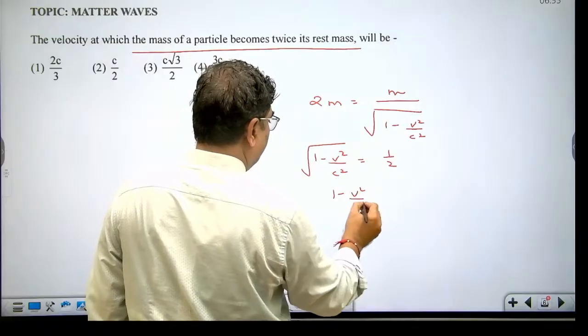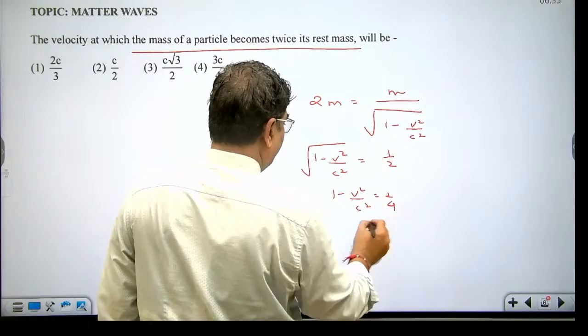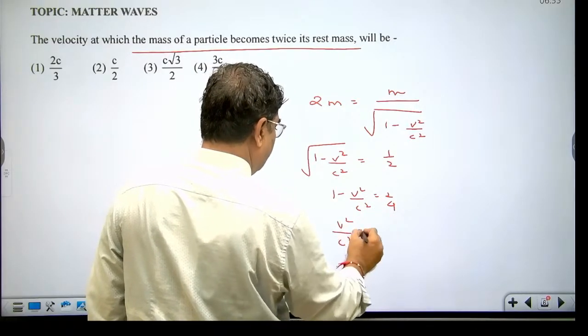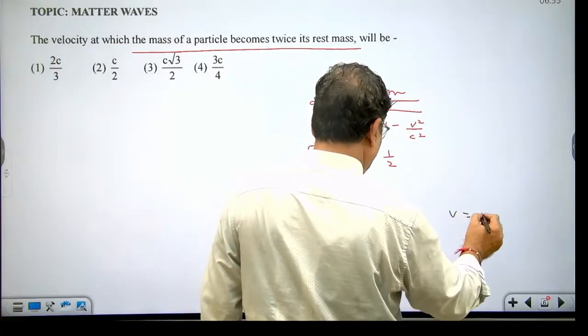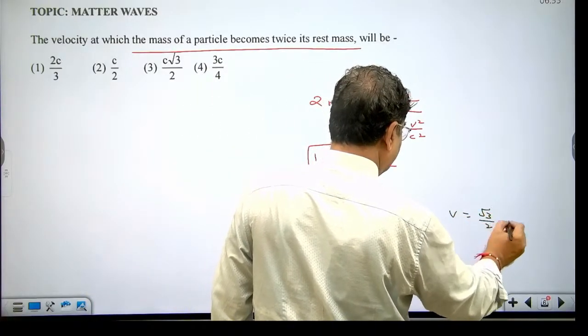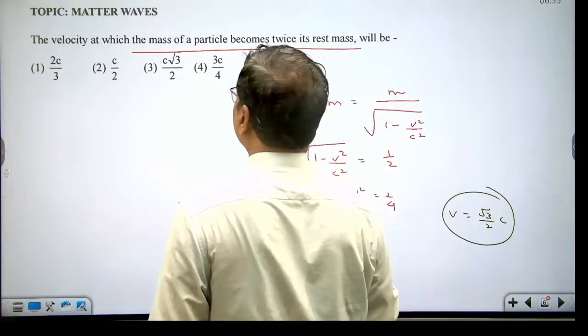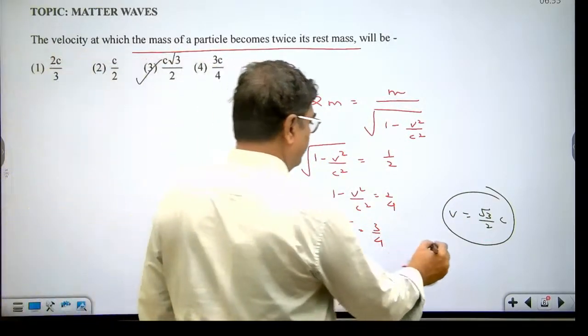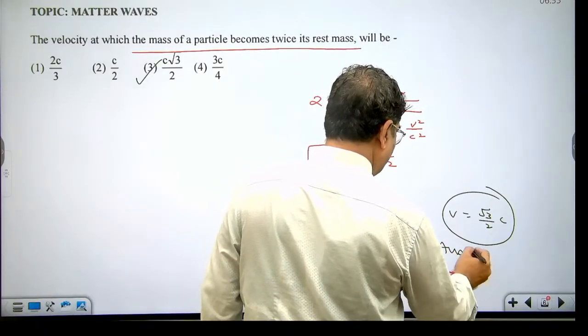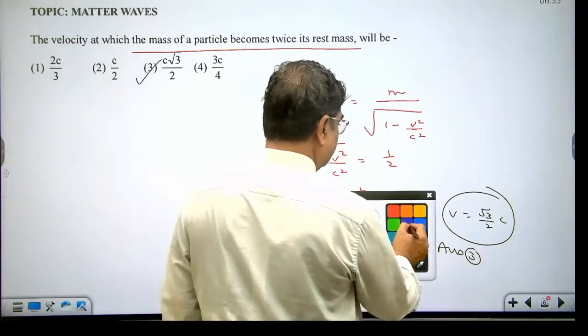Square it. This will give us 1 upon 4. So v square upon c square equal to 3 upon 4. So dear student, we will get v equal to root 3 upon 2 c. Out of 4 choices, the correct answer is option 3.